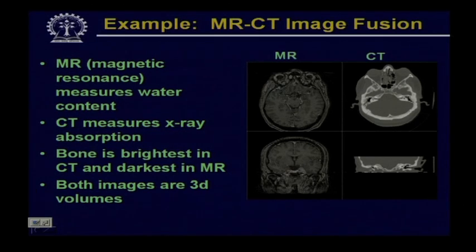So, if I can combine the magnetic resonance image along with the CT X-ray image, the fused image gives you both the information, that is the water content as well as the nature of the bone in the same image. So, naturally the information extraction is much easier in the fused image.